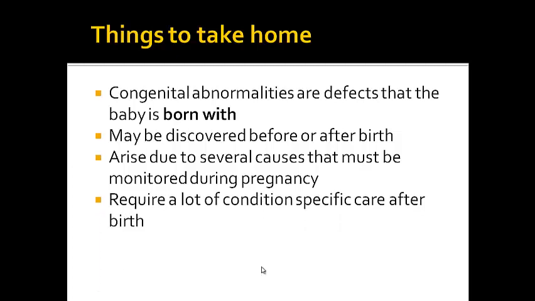And usually after birth, they require a lot of condition-specific care. So, for example, babies that are born with heart defects might end up needing surgery. They also need certain medication to lower the blood pressure problems that they have.